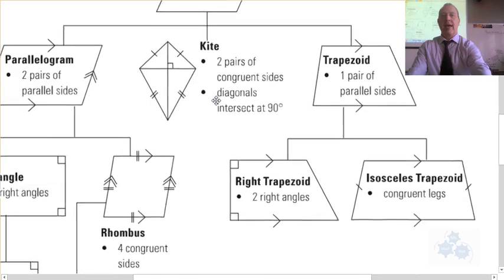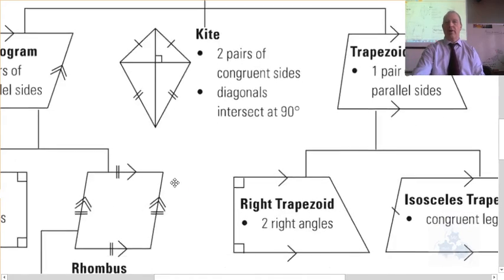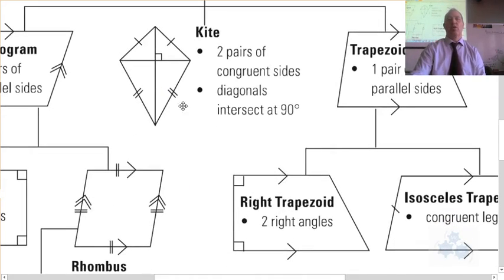Now, here's another type of quadrilateral. It's the kite. This is a special one, and I bet you don't know why it's called a kite either. Because it can fly? I'm not sure if it can fly, but it is shaped like a kite. Is it a diamond? Not necessarily.